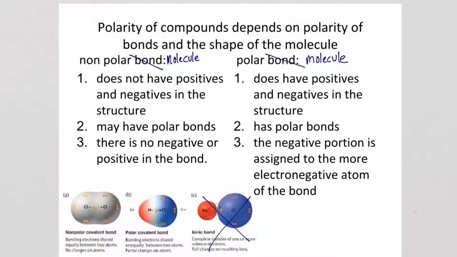So the idea is that you have no positives and negatives, much like you see here. That could be true for a nonpolar molecule. A polar molecule does have positives and negatives in the structure, has polar bonds, and the negative portion is assigned to the more electronegative atom of the bond. So these things are a little bit of review, a little bit of new. We're kind of mixing both.